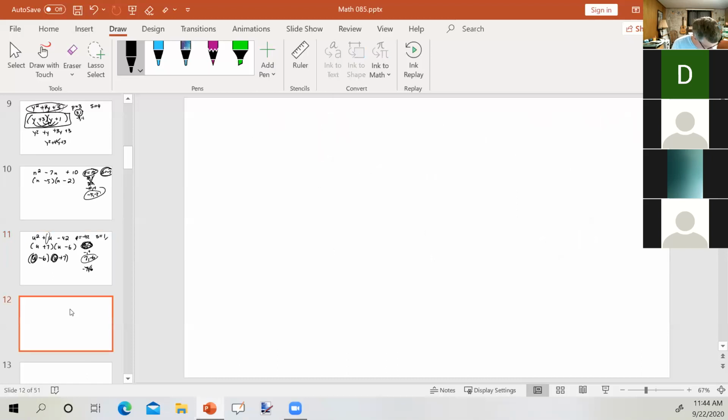Let's see here. Negative x squared plus 9x minus 20. And it says factor. Here we have a trinomial in standard form. Oh, but it doesn't have a leading coefficient of a positive 1. I alluded to this yesterday, that when we were going to factor something, we wanted our leading term to have a positive coefficient.